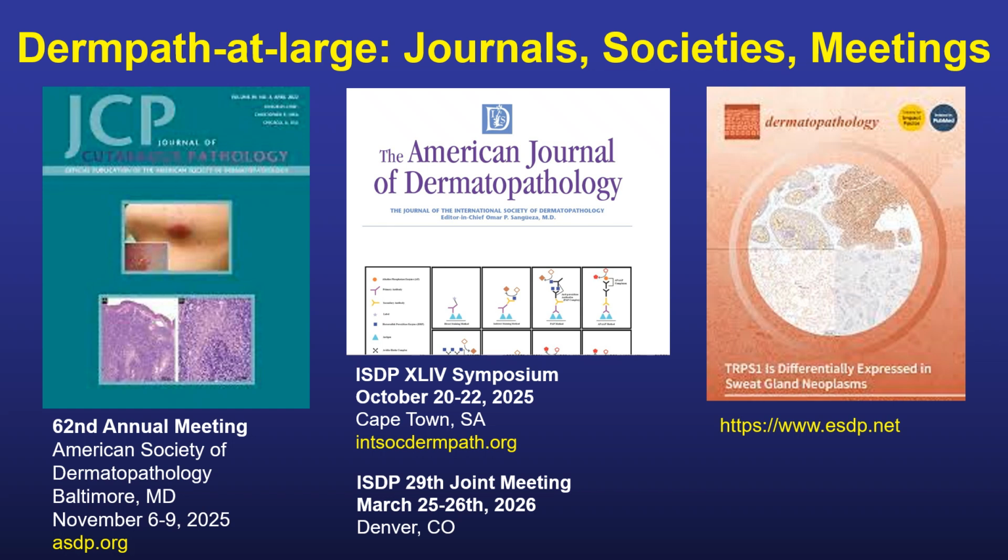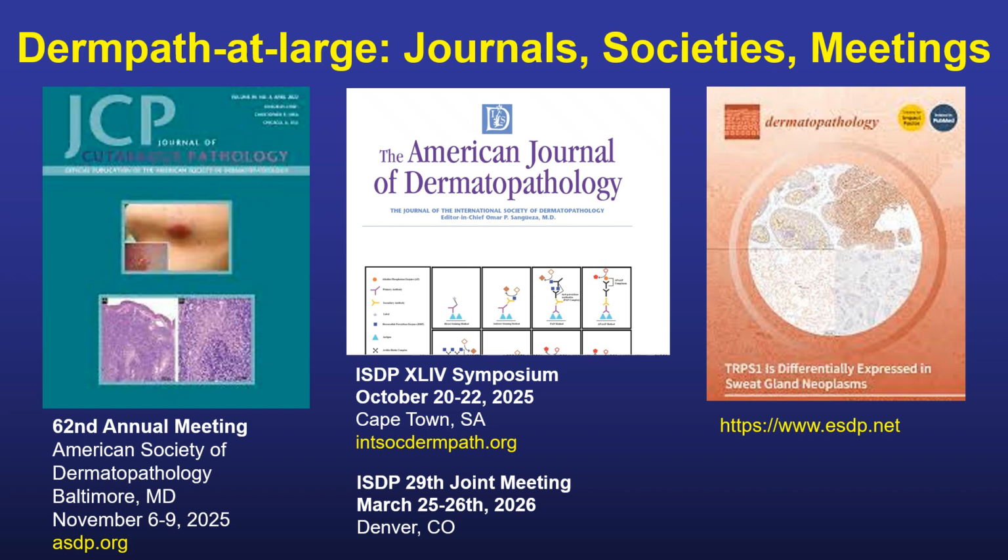If you find yourself wanting to learn more about dermpath, perhaps even a possible fellowship application or potential dermpath-focused career, it's a good idea to move promptly to the cutting edge of the field by staying on top of the literature and consider submitting material to present at the meetings and possibly also then publish.